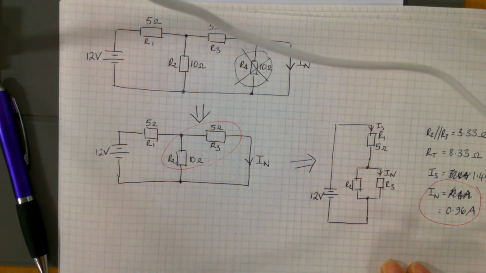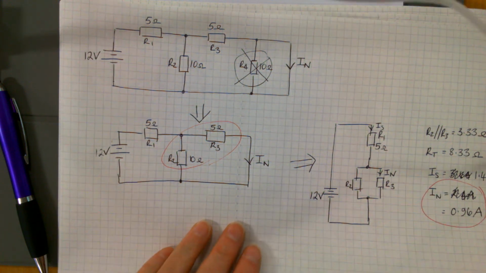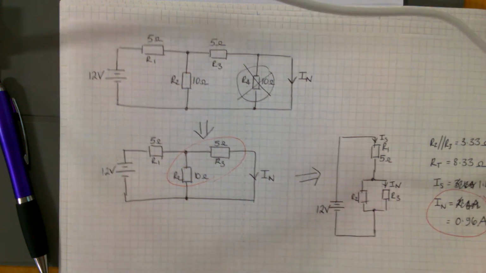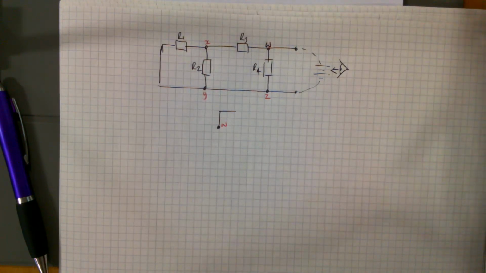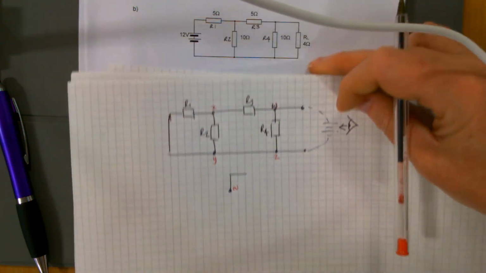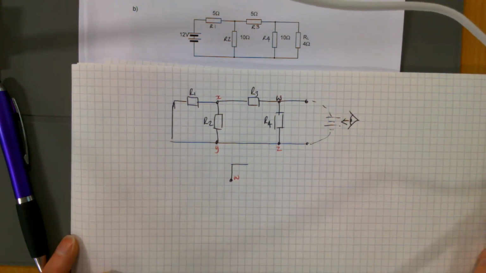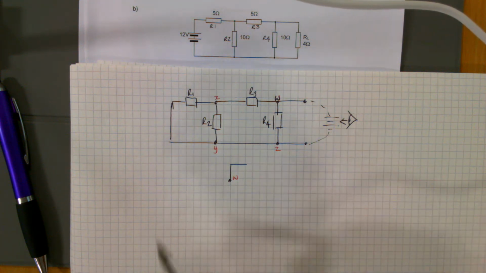You've got to think your Norton current is a separate job from your Norton resistance. So once you've got your Norton current, put that to one side, go back and look at your original circuit and think to yourself, how am I going to get my Norton resistance? So this would be the circuit you would draw for this.